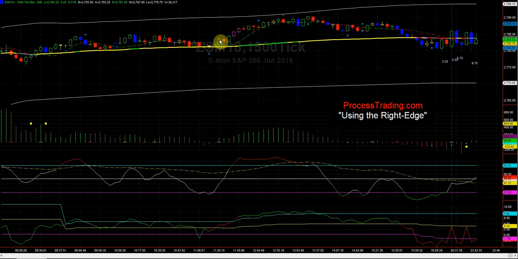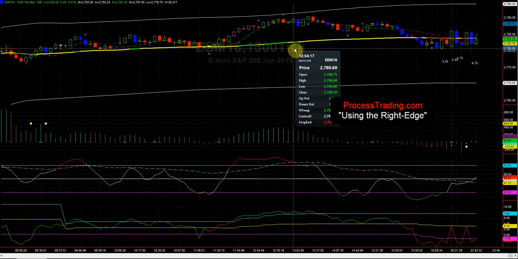And that would get us in right at this area here. If we get into that area here, we're in at 2783.50. We could go up to this point here with that short-term trend, and that takes us to 2790.